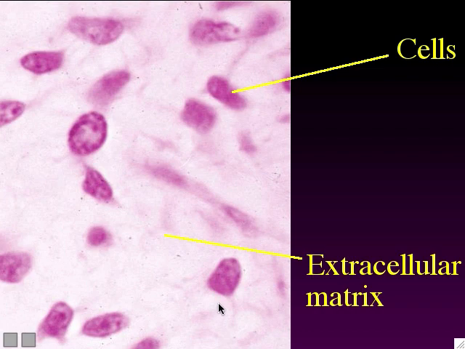In some of the connective tissues, the extracellular matrix is a solid material. In other of the 6 connective tissues, the extracellular matrix is a jelly-like material, a gel. And in other of the six connective tissues, the extracellular matrix is a liquid. And so the characteristics of the extracellular matrix of the connective tissue really depend on which of the six connective tissues you are talking about.